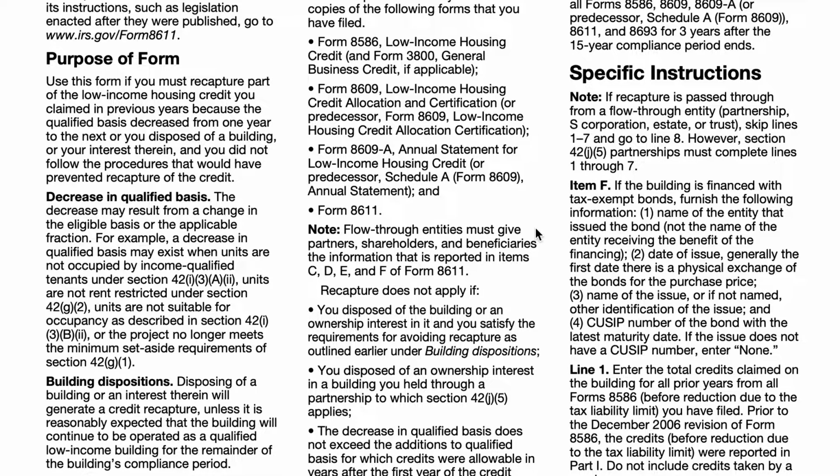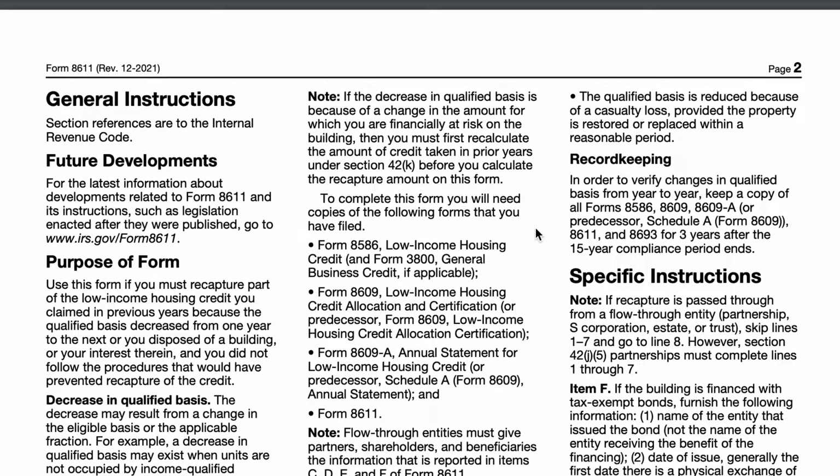This is the part of the tax code that applies to a partnership that elects to have the tax treatment applied at the partnership level and not passed down to individual partners. Third, if the decrease in qualified basis does not exceed the additions to qualified basis for which the credits were allowable in the years after the first credit year period. And finally, fourth, if the qualified basis is reduced because of a casualty loss, as long as the property is restored or replaced within a reasonable period.